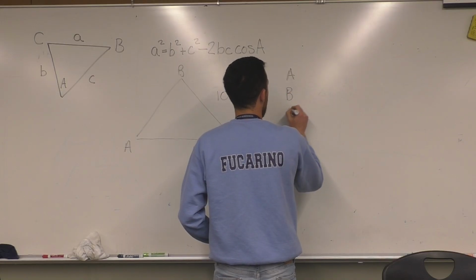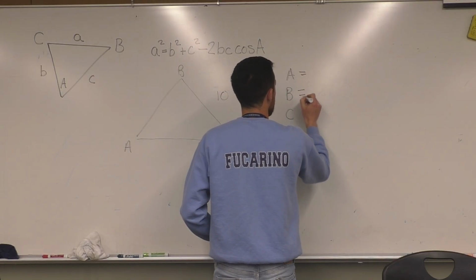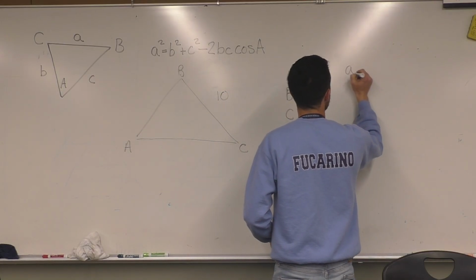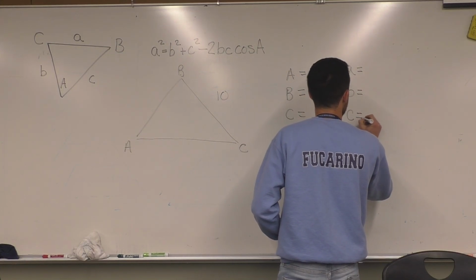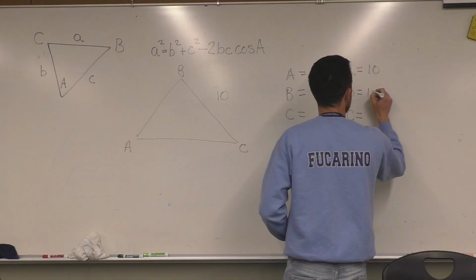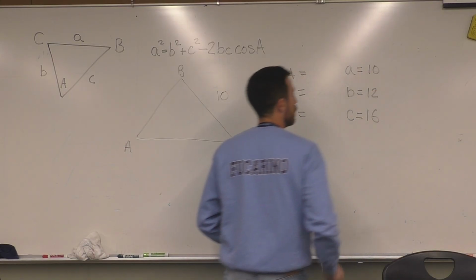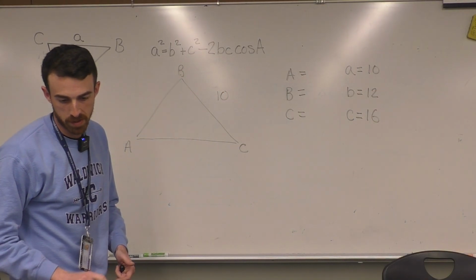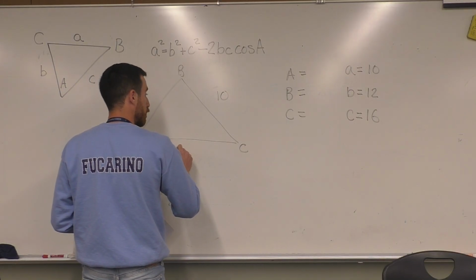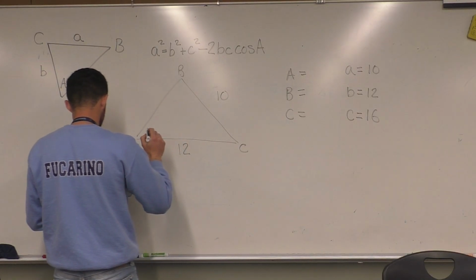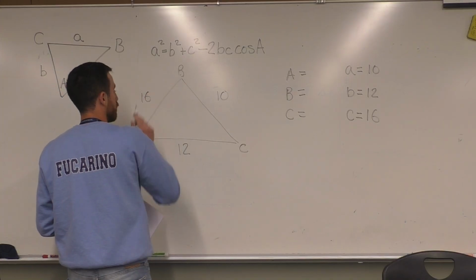I always write out a pair of columns for my sides and my angles. A would be 10, B would be 12 across from B, and C would be 16.